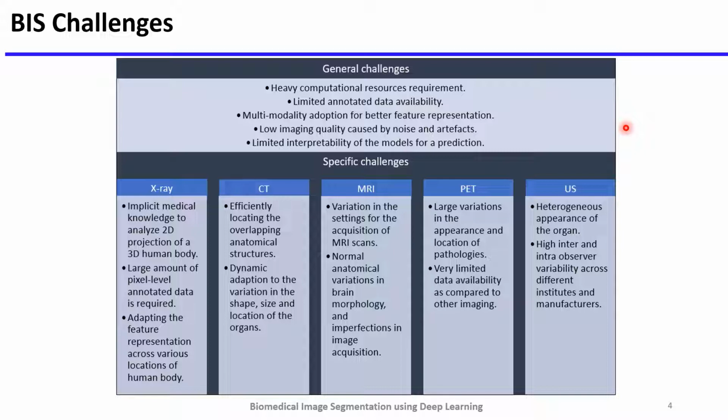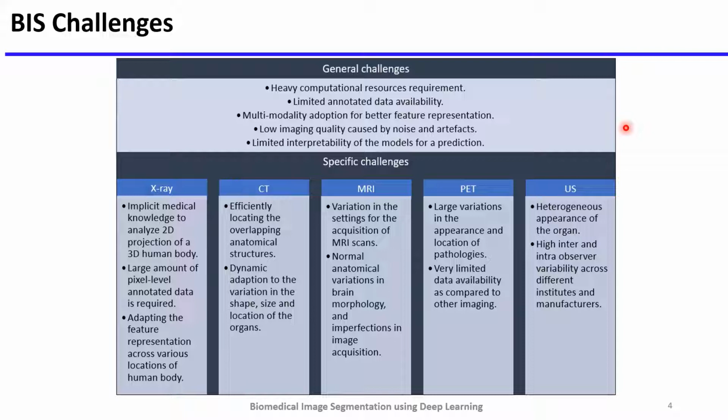How to do annotations of things or objects. At the same time, we may face multimodality adoption. That is also one of the challenges that we must take care of for better feature representation. Definitely, while taking the images, we may face low imaging quality, because of noise and some artifacts available in the image.